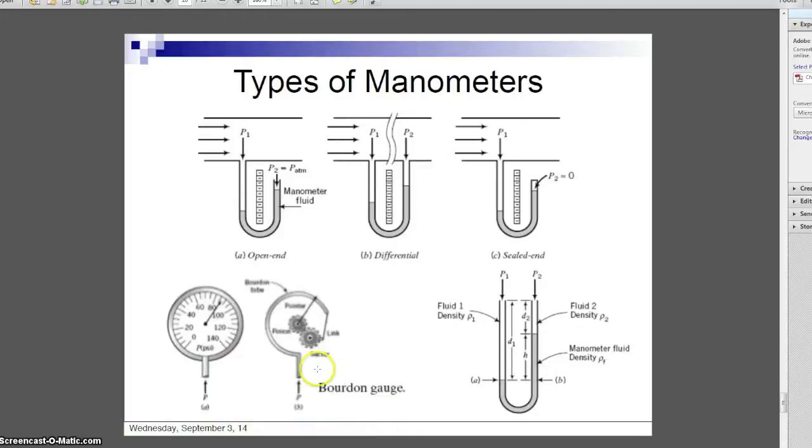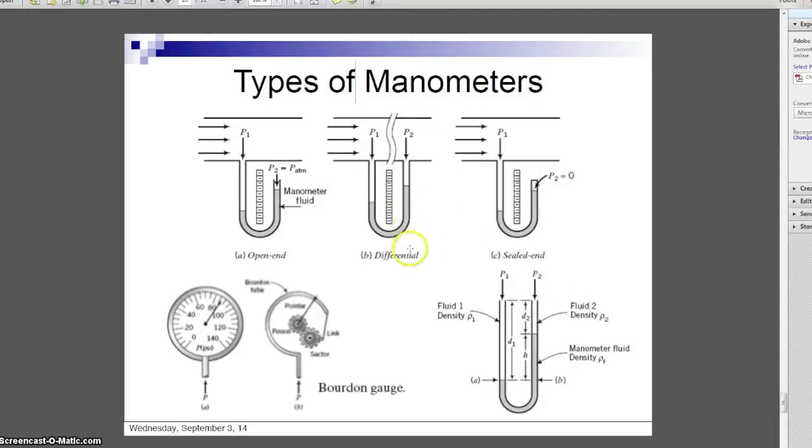So this is a Bourdon gauge, and another type of pressure device is the manometer. There are three types of manometers: the open end, differential manometers, and the sealed end manometers.